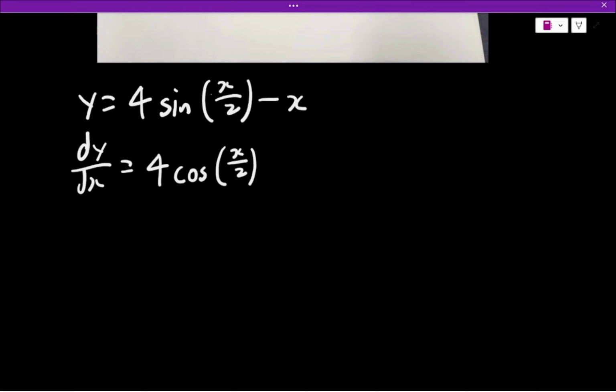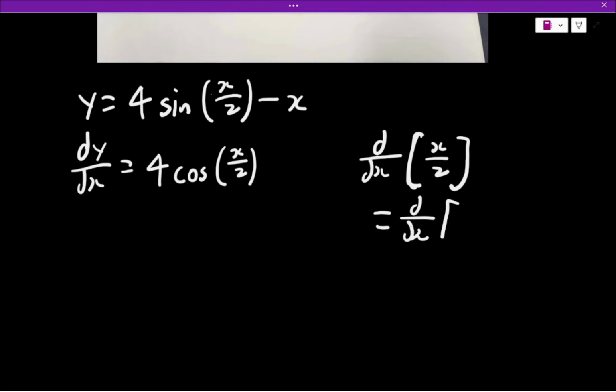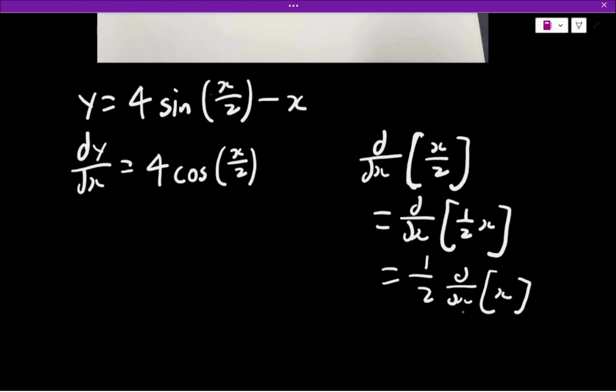The derivative of x over 2, you can think of it as the derivative of half x, so it's half times the derivative of x, which is half times 1, so that's half. So we have to take this quantity and multiply by half.